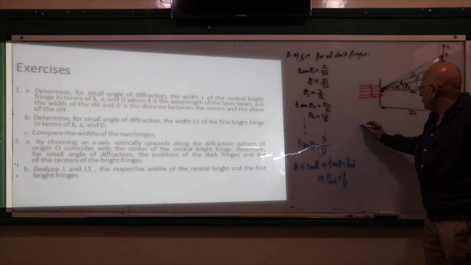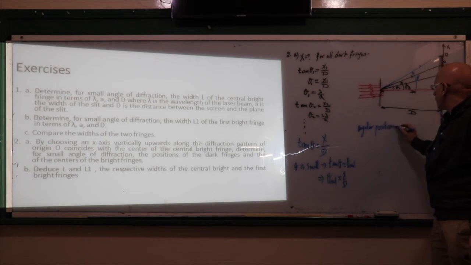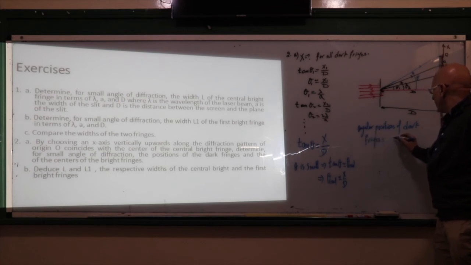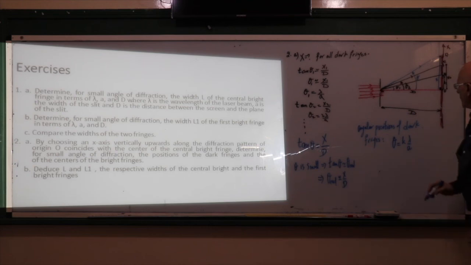So the angular positions of dark fringes, for a small angle, is given by theta equal k lambda over a, where k belongs to Z star, or k equal plus minus 1, plus minus 2, etc.